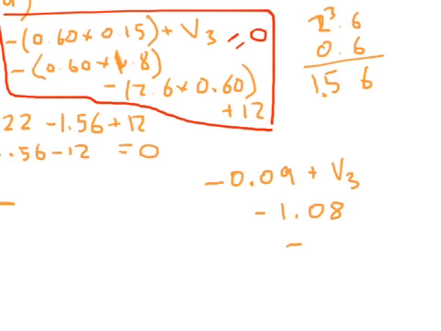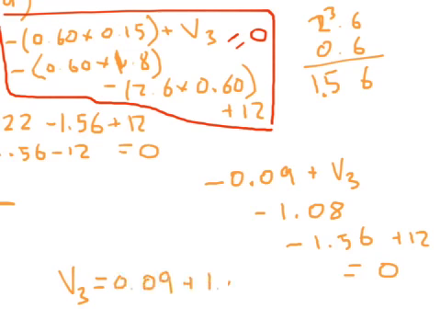That makes sense. Minus 1.56 plus 12 equals 0. So V3 by itself, V3 equals 0.09 plus 1.08 plus 1.56 minus 12, and this should give us a negative.